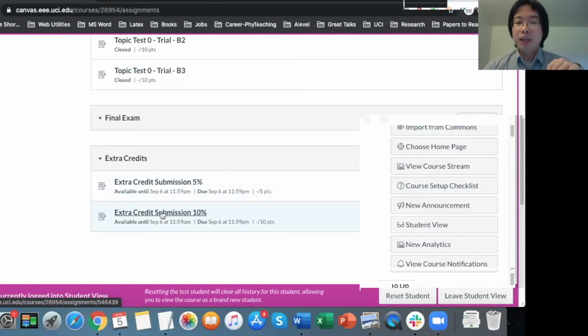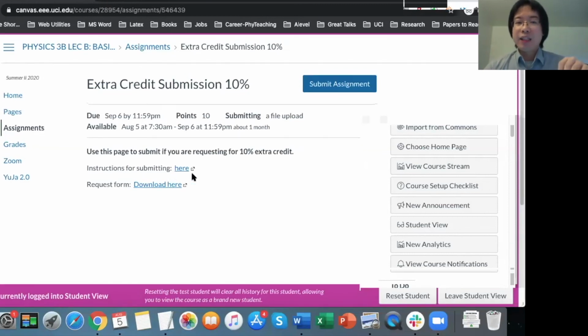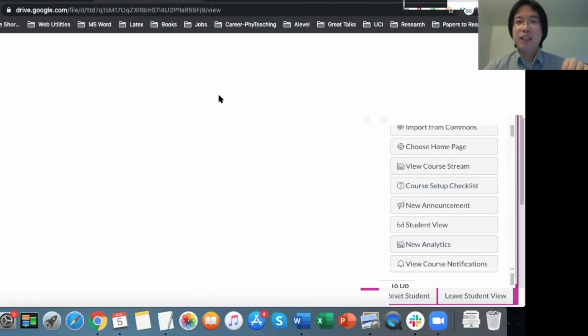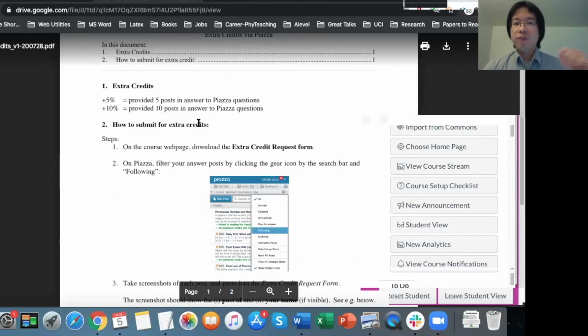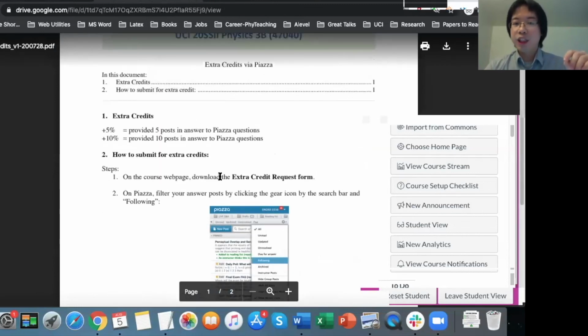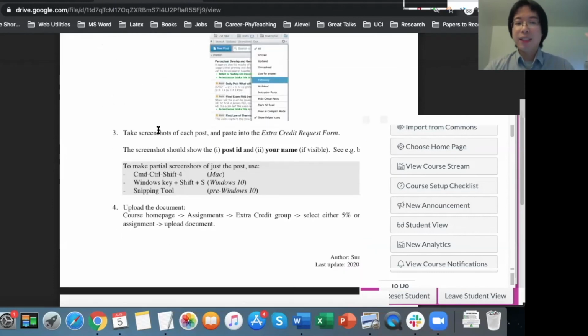Okay, so let's click on this. Assume you're trying to request the 10%, and you'll see I have the instructions and also a request form. If you click the instructions, basically what you want to do is take screenshots. It's very simple, just 4 steps.